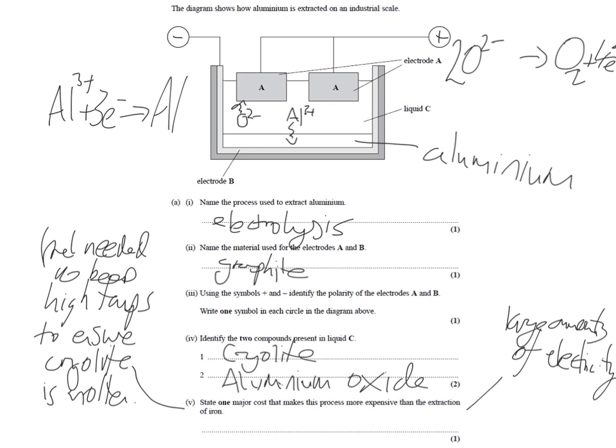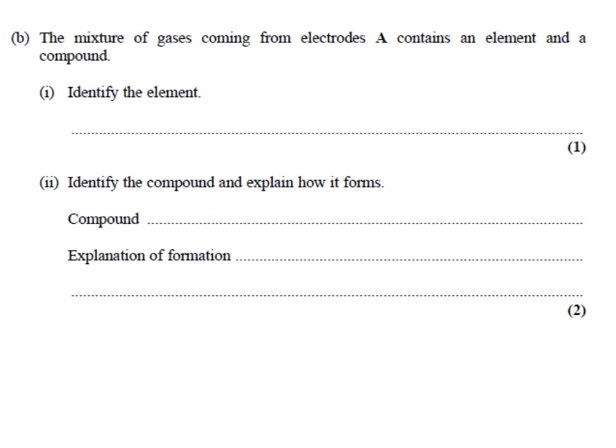So let's have a look at putting that into the question. Now, at electrode A, we get an element and a compound being formed. And so identify the element: oxygen. Identify the compound.